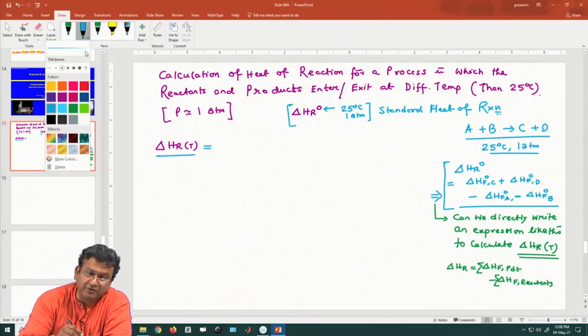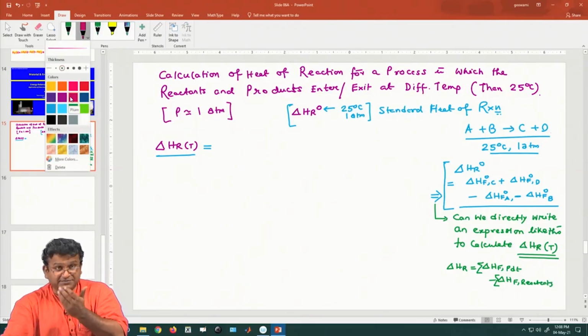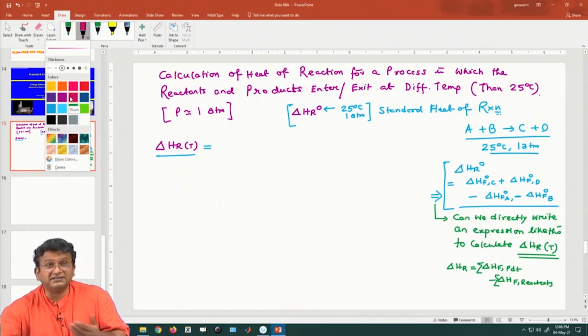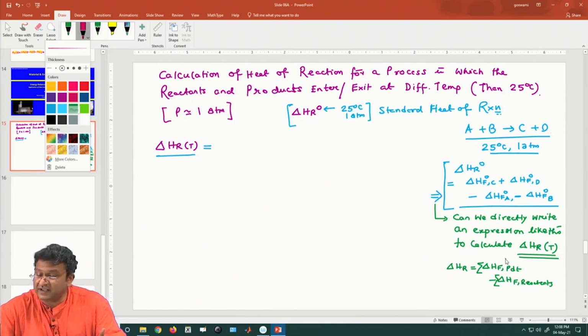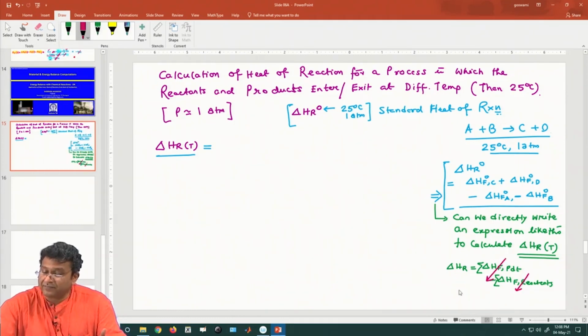Instead of building only concepts and talking big jargons, you need to understand the practicality. These data at that temperature are not available.